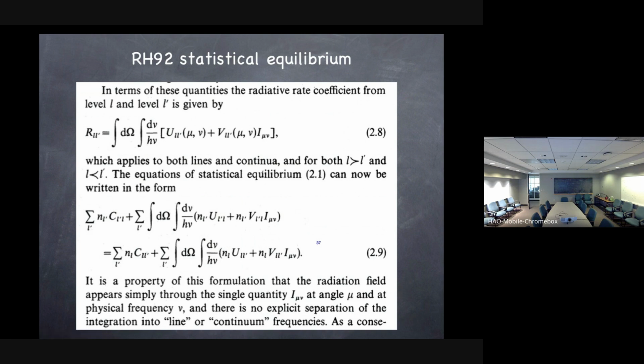So they're saying, well, in the line core, the radiation that's emitted immediately gets absorbed, so I can algebraically cancel those out, and that corresponds to getting rid of the radiation term altogether in the rate equation.